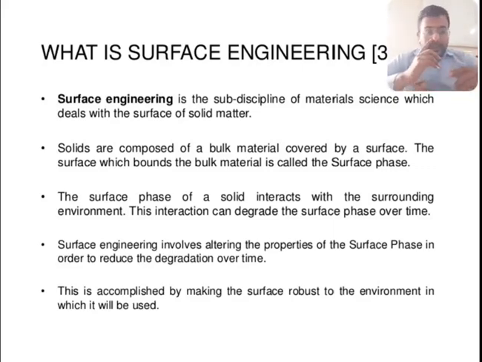The environment has great effects on the phase, so it can turn into a defect mode if the environment is wrong or opposite to our material. Surface engineering involves altering the properties of the surface in order to reduce the degradation over time.